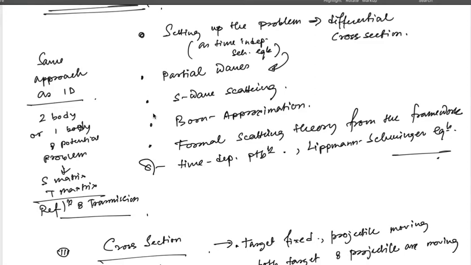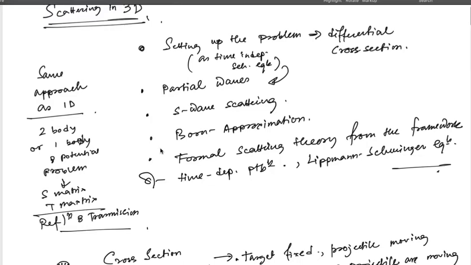Then we'll take the limiting cases to get the approximation which we already used as a starting point for the S wave, partial wave and Born scattering. So depending on the time and how much progress we make, I will keep this final part on the formal setup of scattering theory.